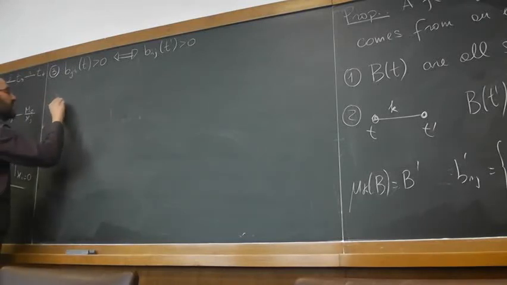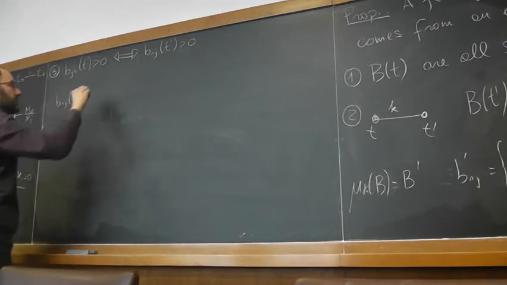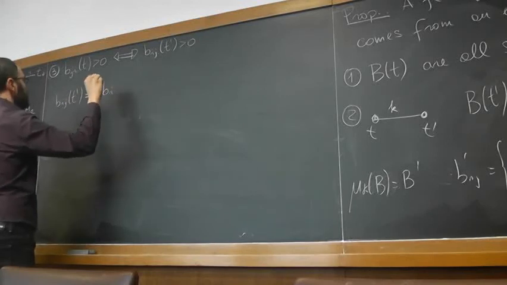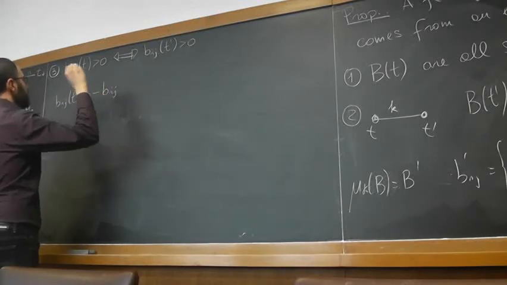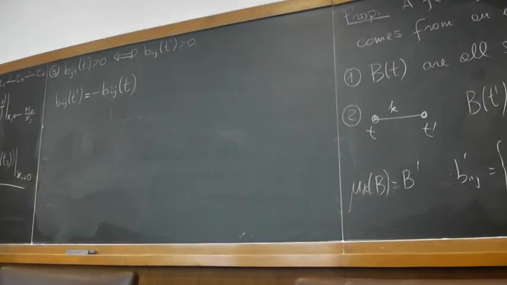In any case, b_ijt prime is minus b_ijt, because I'm doing a mutation with index i.